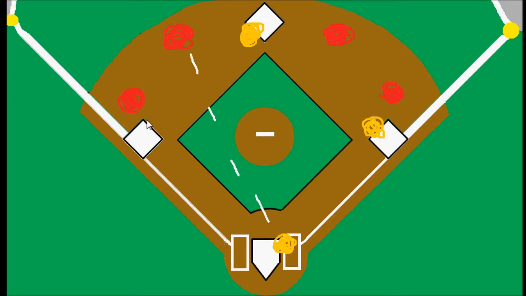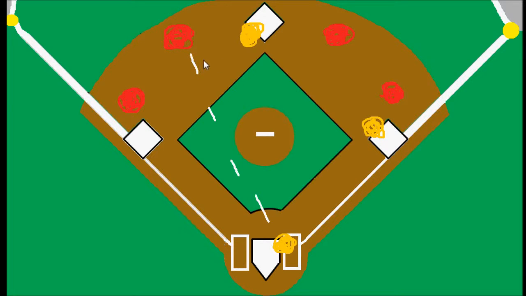He can throw it over to third base because we have a force play on this runner, or he could run over himself and step on second base, and that would get out this base runner because he's forced to second base. Or he could pick up the ball and throw it to first base and get the batter out, because the batter is also automatically forced to go to first base.